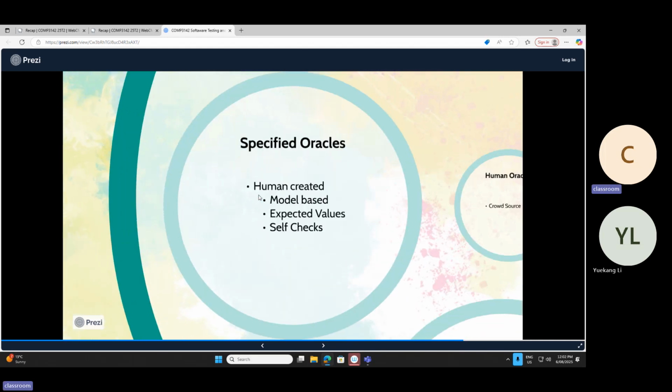And there are different types of oracles here. So we can have specified oracles. Most of the specified oracles are manually created, and they could be model based.